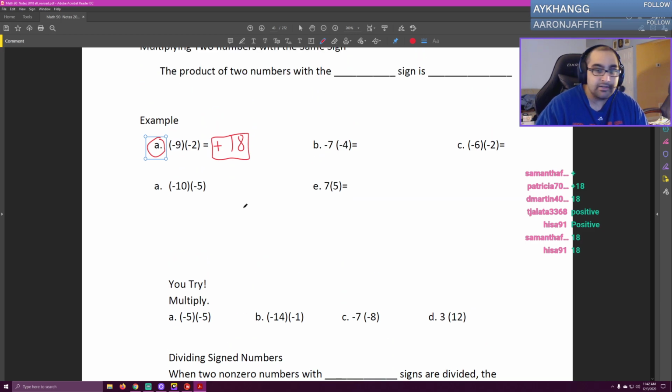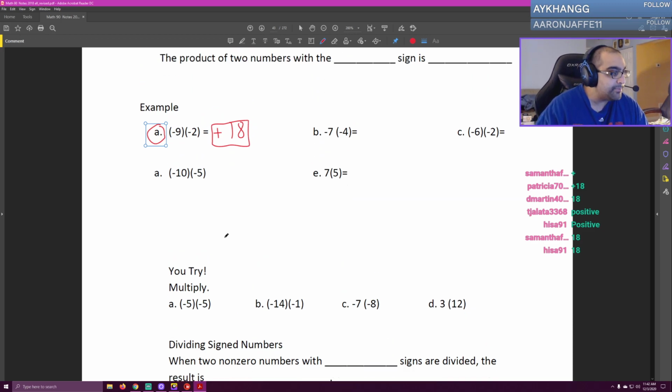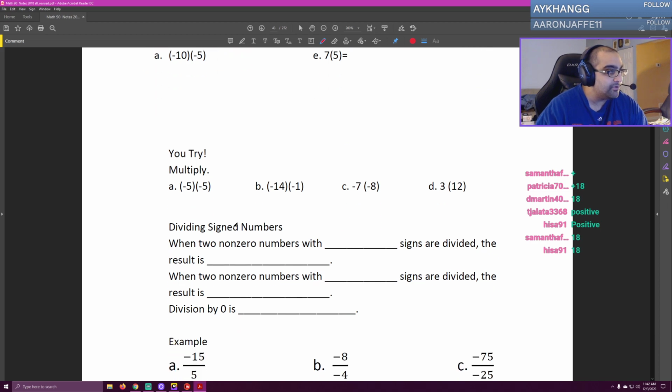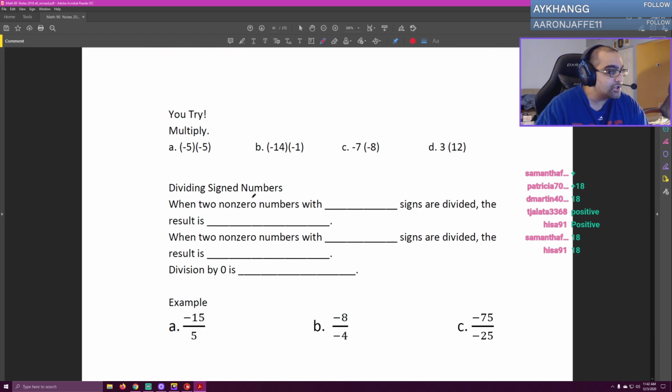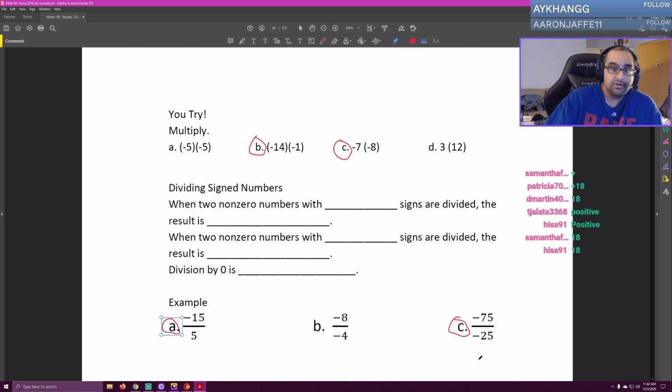Let's go ahead and ramp up the difficulty here. I'm going to move forward from these problems. I want you to try some of these. We're going to have you try with division this time. But honestly, with division being the same thing as multiplication, it's not so bad. Let's try these 4 problems that I've circled here on the screen. Once you have those answers, we'll do them together.